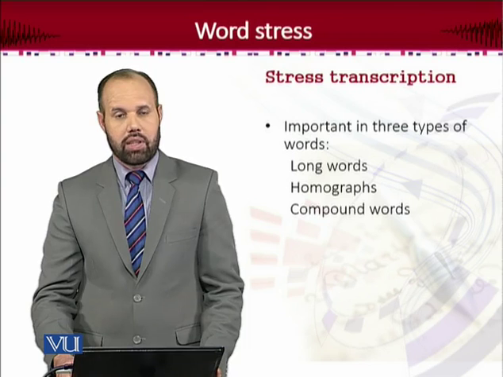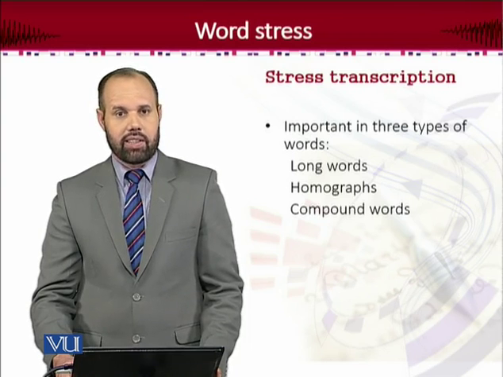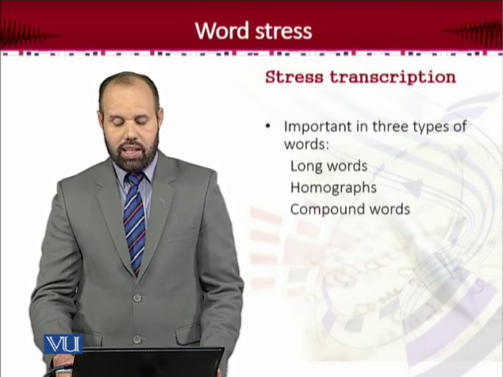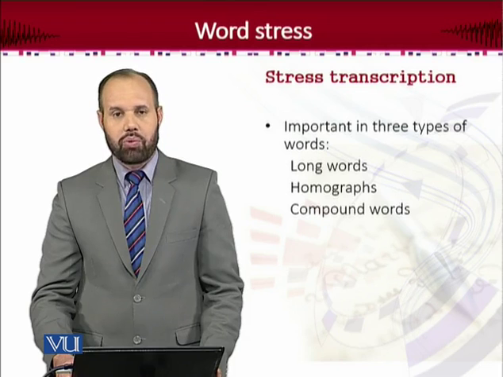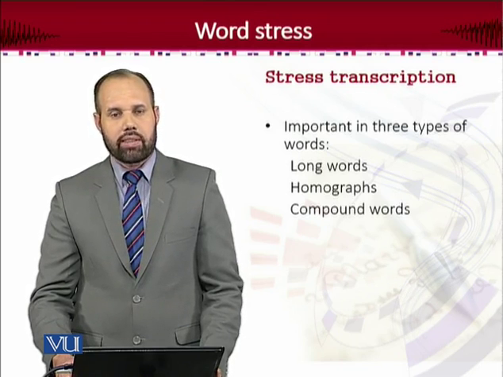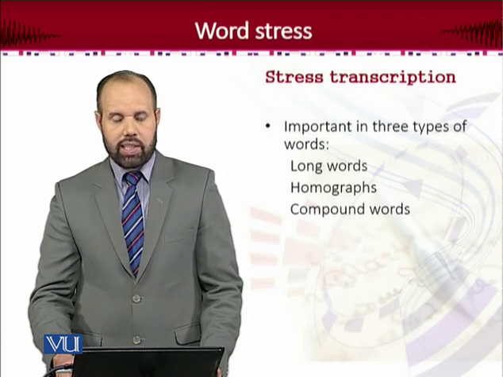So these 2 words have the same spellings, the same graphemes, desert and dessert. Only because of the placement of stress, the word is made different. And also in compound words, we need to know on which syllable the stress is placed, like, for example, blackbird.